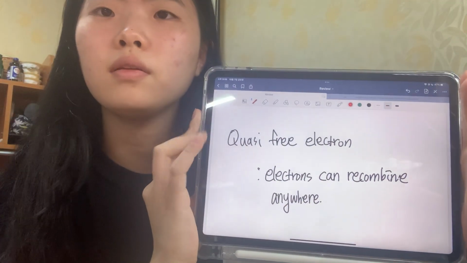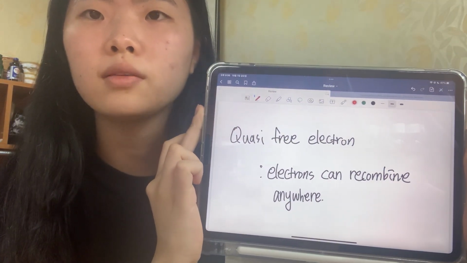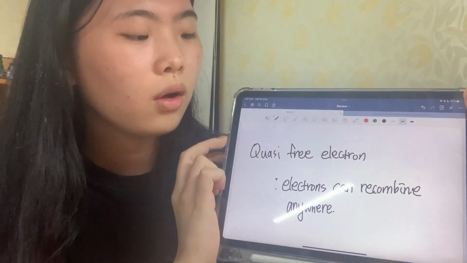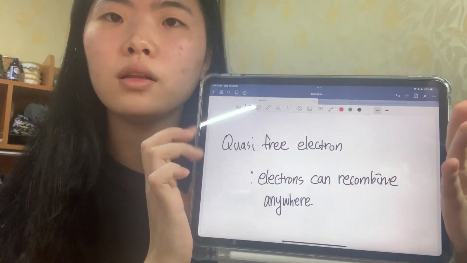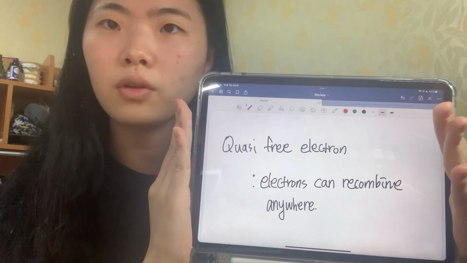Then let's talk about quasi-free electrons. Electrons can move freely in a material or semiconductor.